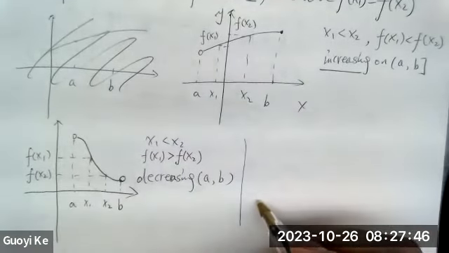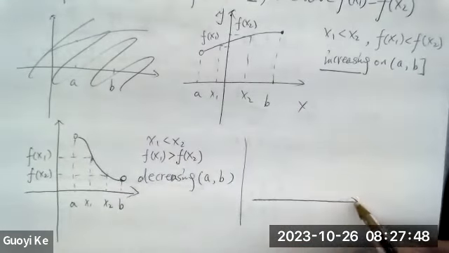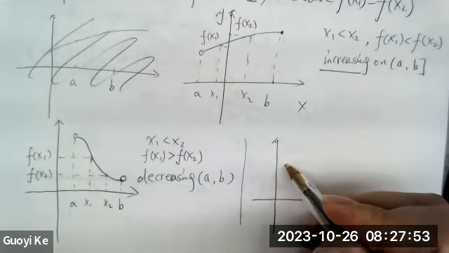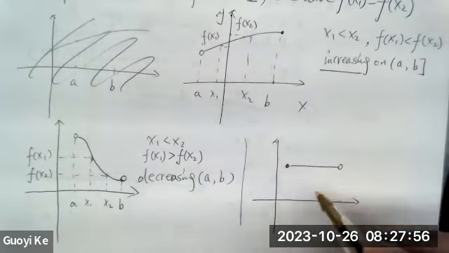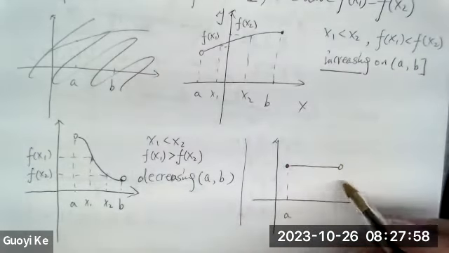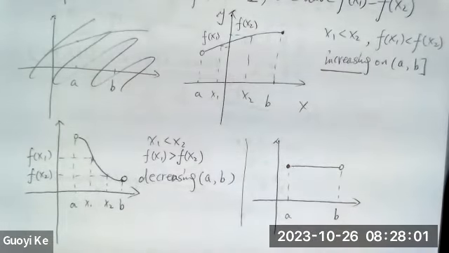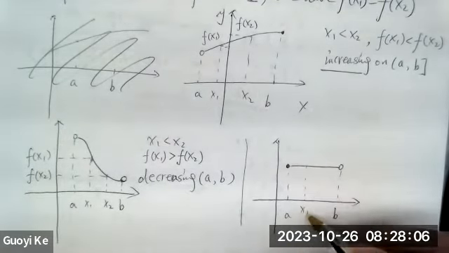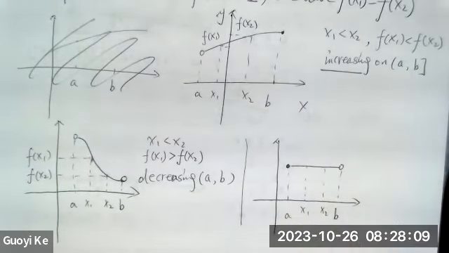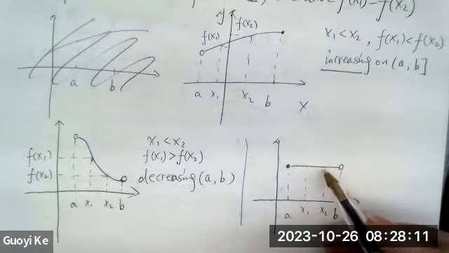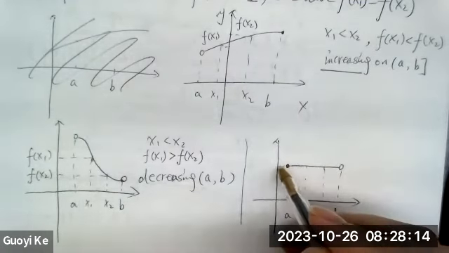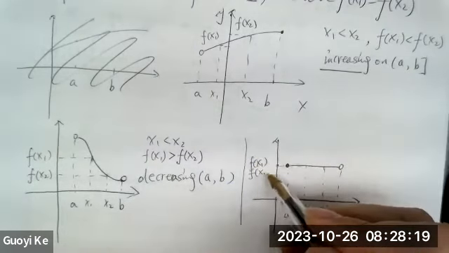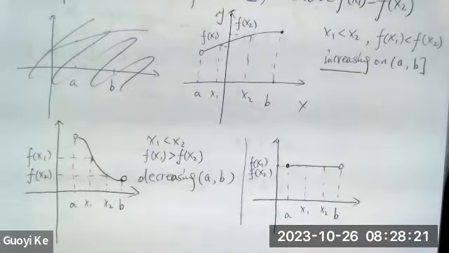The third case. Okay, the third case is here. And we randomly pick two points, x1 and x2. We will find f(x1) is here, and then f(x2) is here, the same.